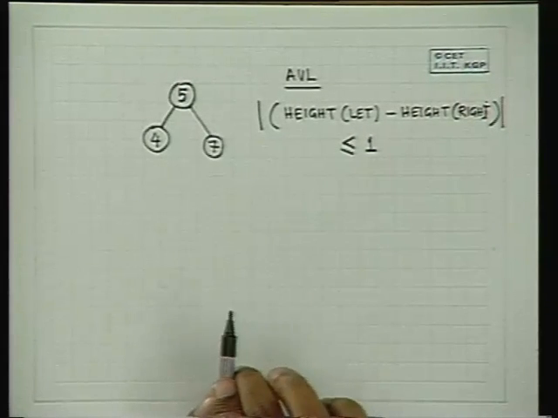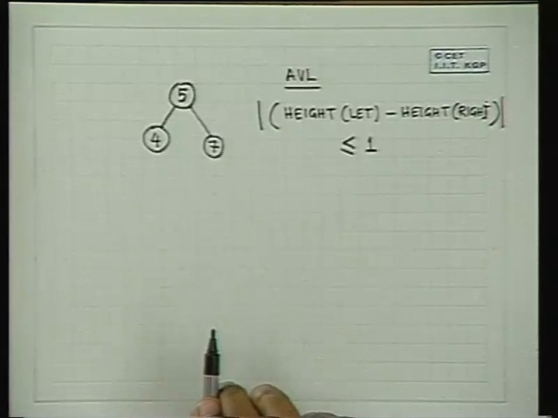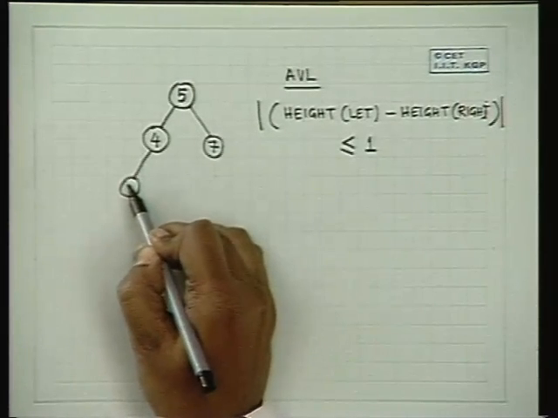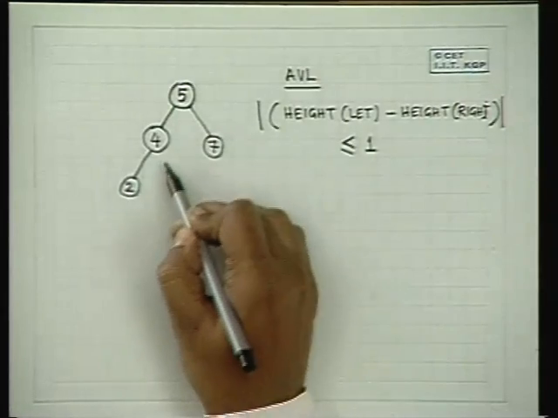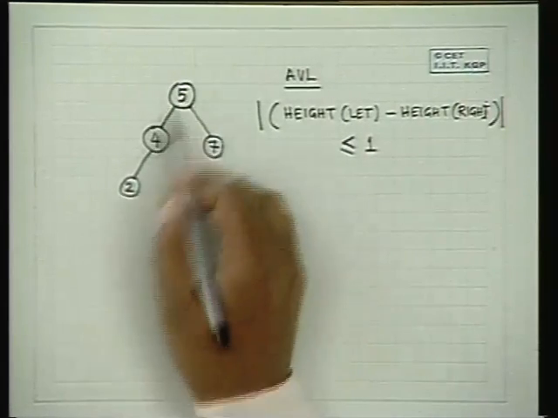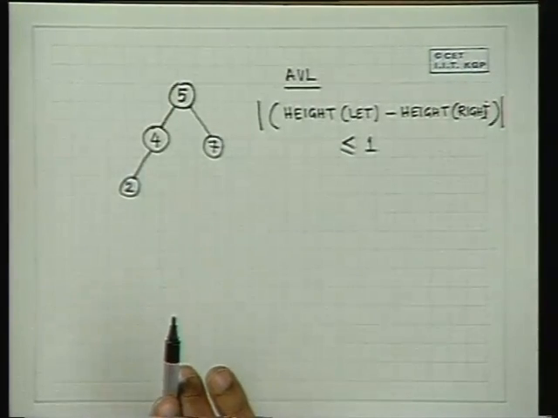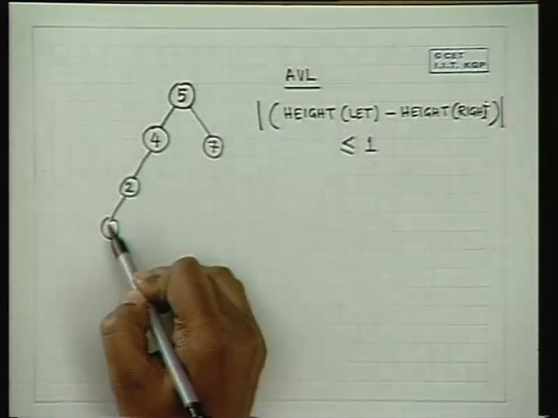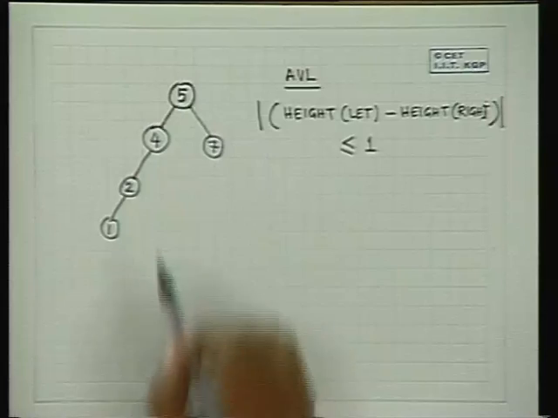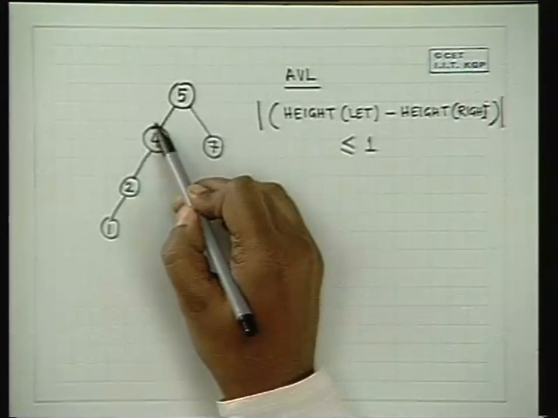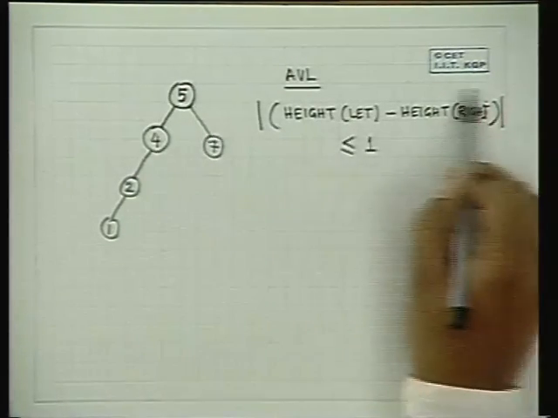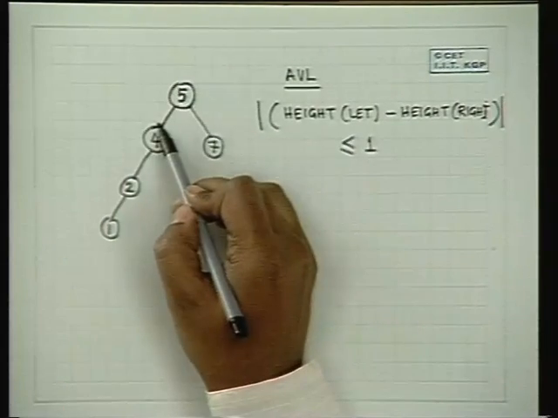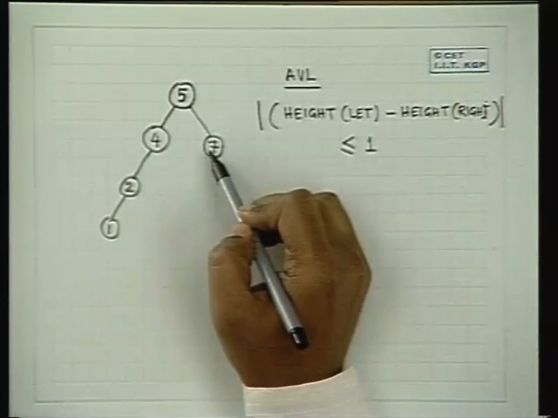They will never differ by 2. Here this is a valid AVL tree, but this is not a valid AVL tree, because this is true at every node. This is true at this node, the height condition must not be violated.